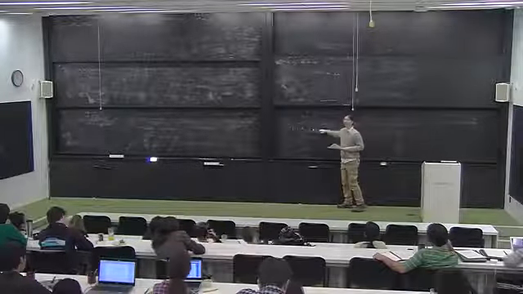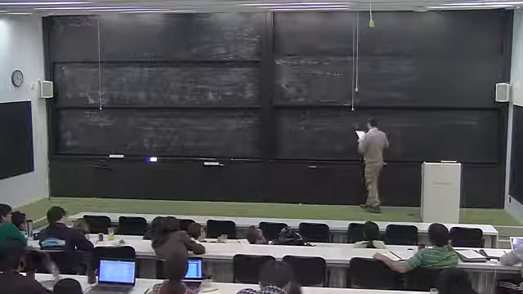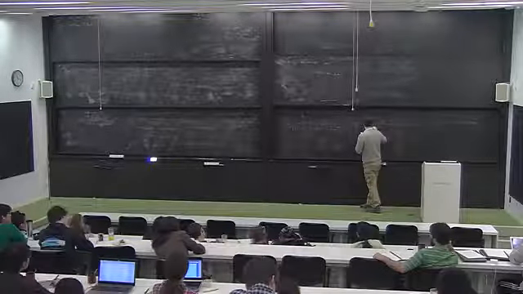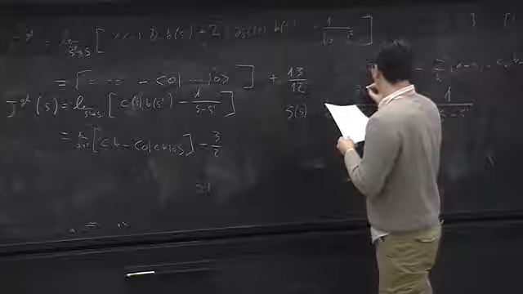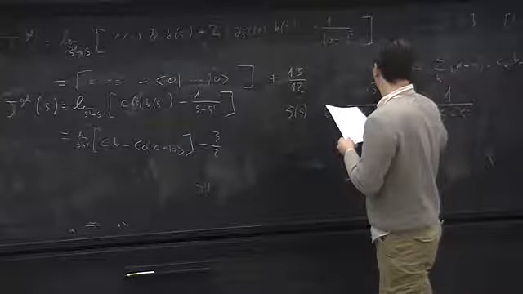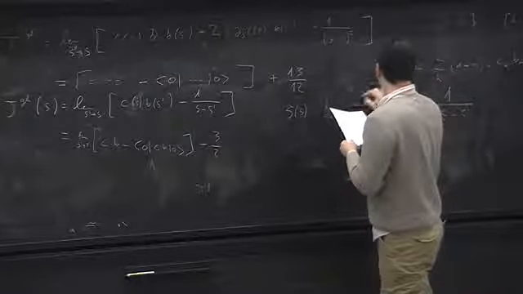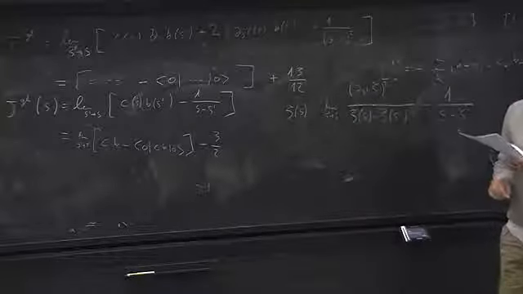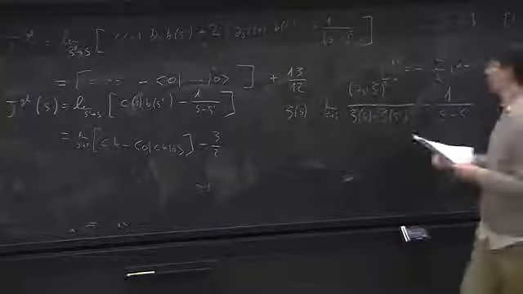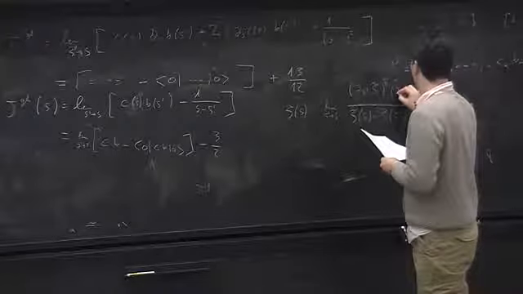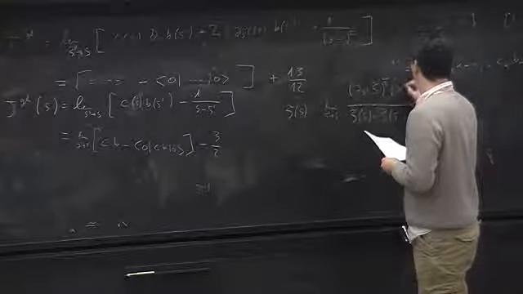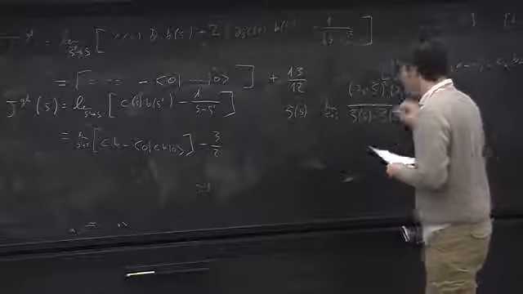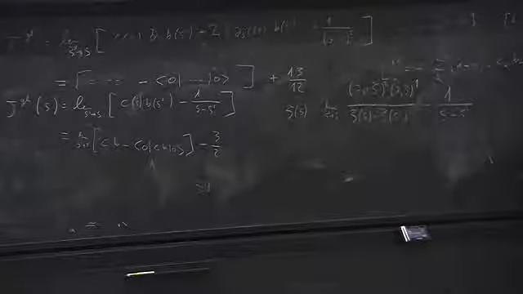So the things I should really compare are not this, but actually this coming from the B transformation, and this coming from the ghost, from the C ghost.